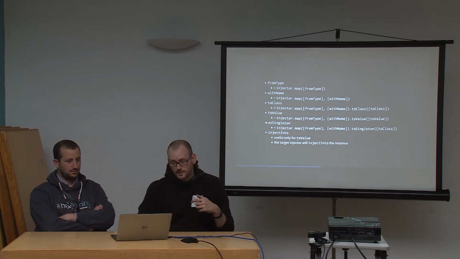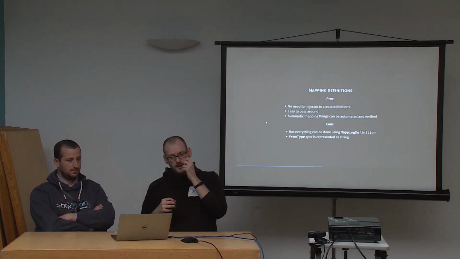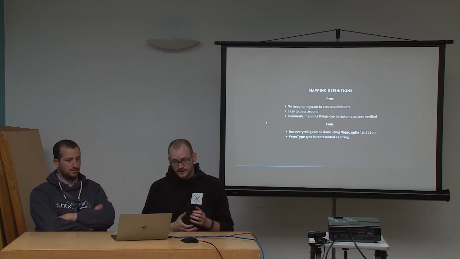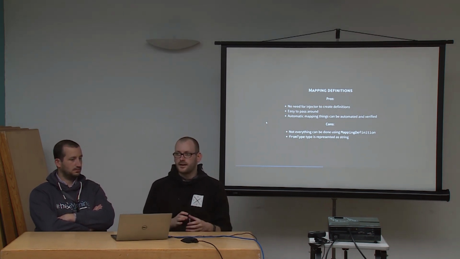So that's what the inject into does. Those mapping definitions are handy, but because they are compact, you can put them in an array, and then you're just passing around one array with all the definitions, and everything is nice and easy.